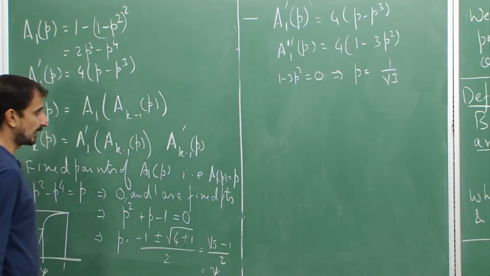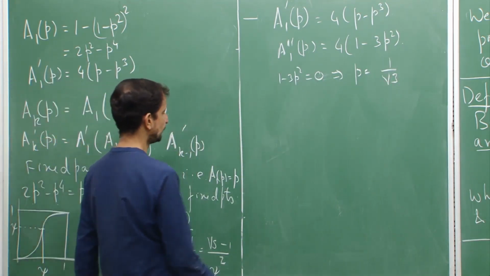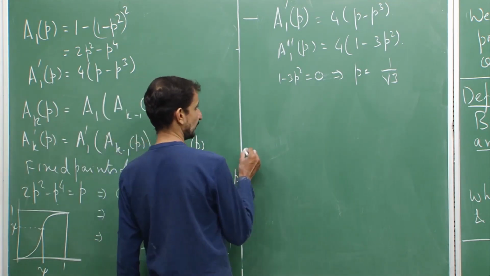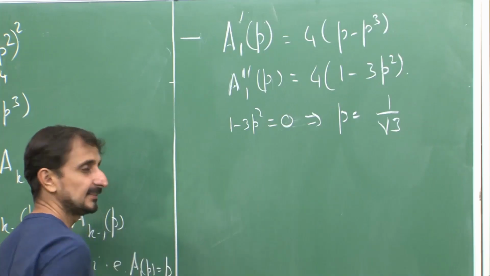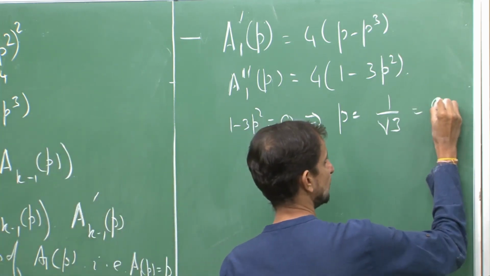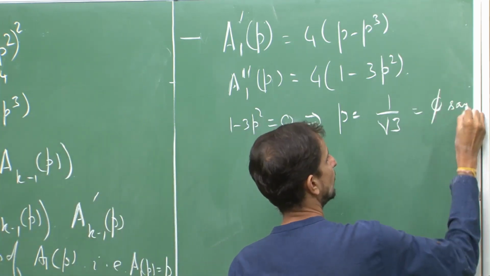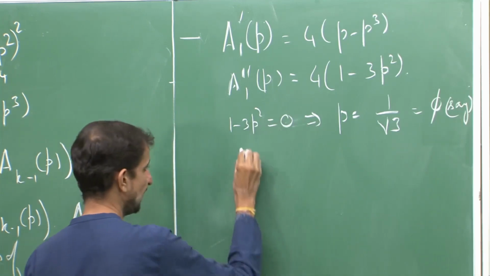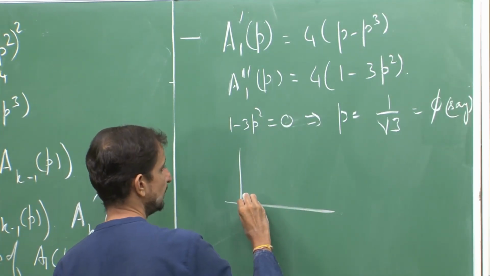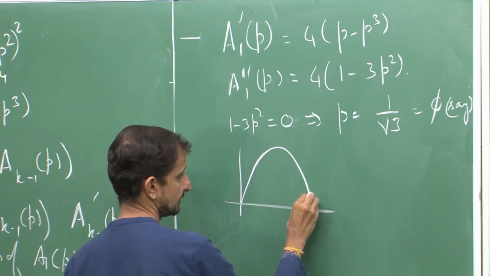Once again minus 1 over root 3 is not needed for us. So, this is an extremum point, and you can again check that this is actually a maxima as well. We will call this point phi. So, essentially how the graph looks like between 0 and 1 is a structure like this.